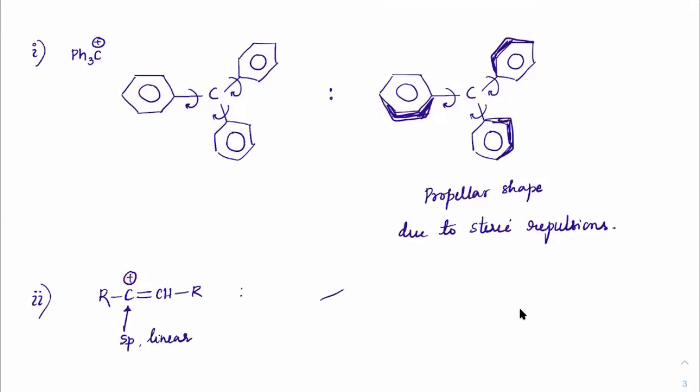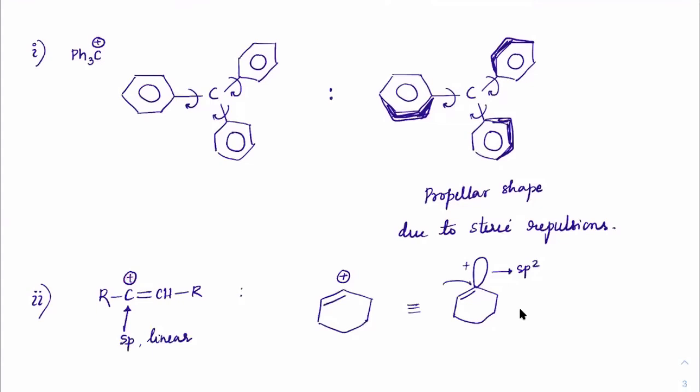Another case: if you have a double bond in a ring with a positive charge, here it cannot exist linear. In fact, the shape would be like this, with an empty orbital like this. Got it? This empty orbital is actually an sp2 hybridized empty orbital, not a pure p orbital.